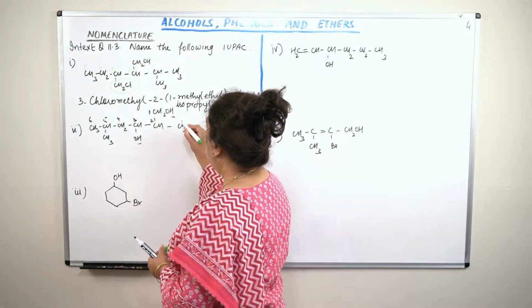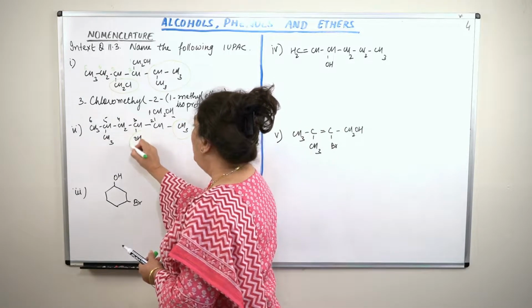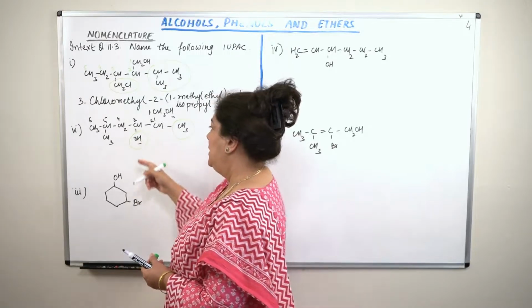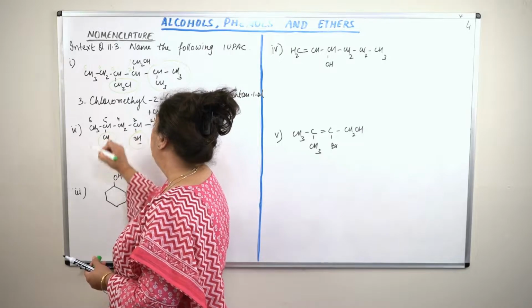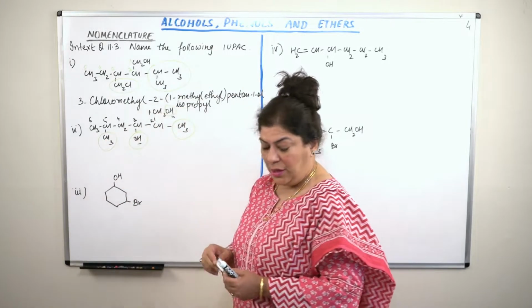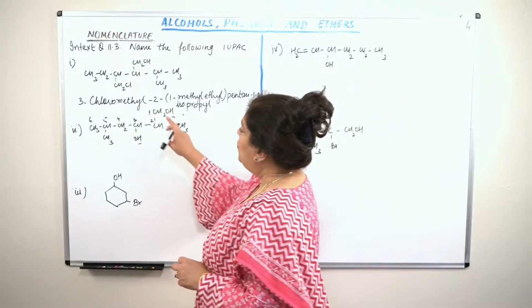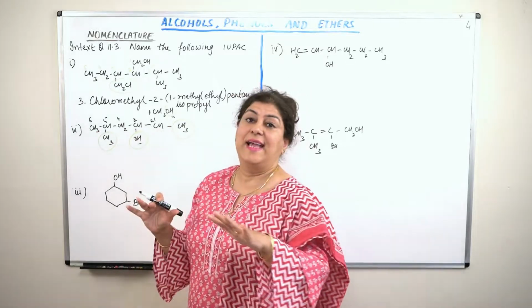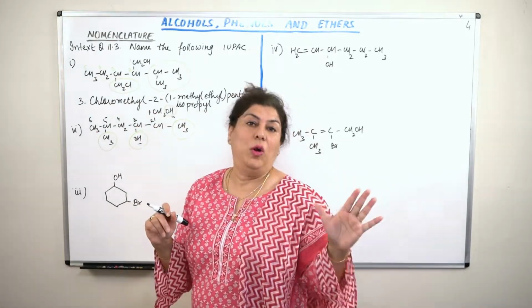So what are the substituents then? This methyl group is a substituent. The OH is a functional group, but it is a branch, and a methyl group here. And there is one OH here on the first carbon. So when we are going to write the name, we know that it is 1, 2, 3, 4, 5, 6. It is hexane-1,3-diol.